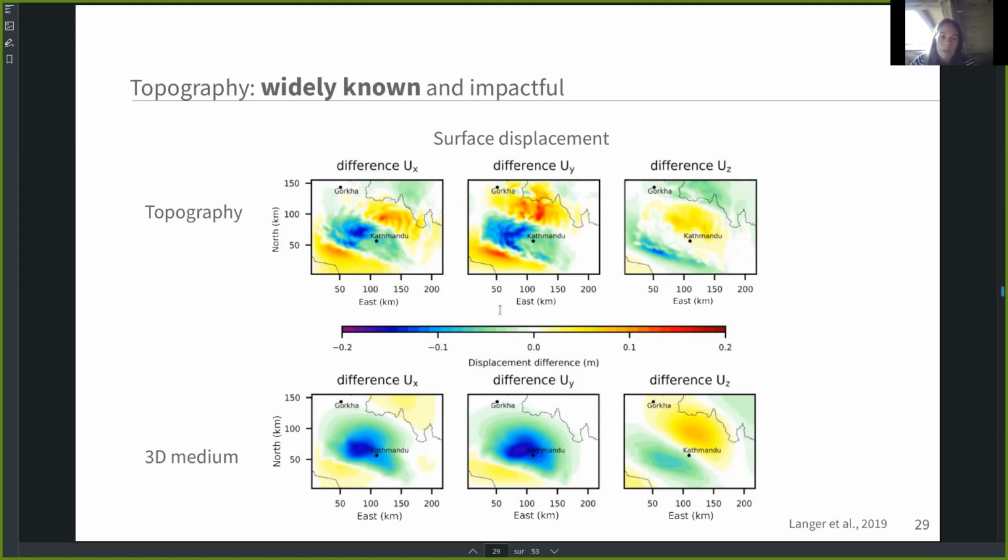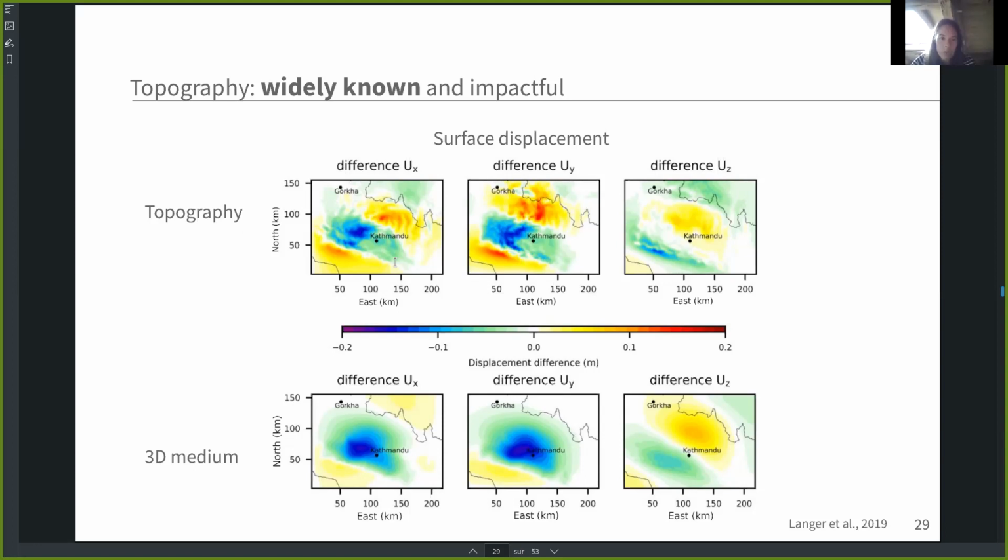And what you can see is that the impact of topography alone is larger than the impact of 3D medium alone. For instance, here it reaches 40 centimeters, so that's quite a lot. So we were wondering after seeing this result, would this impact be as large for co-seismic slip models, or even for post-seismic or interseismic slip models.